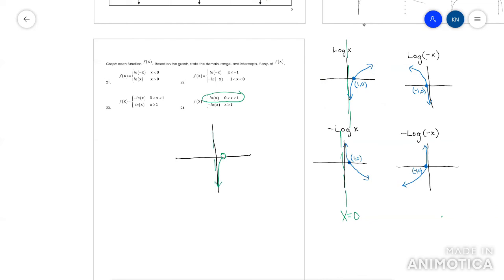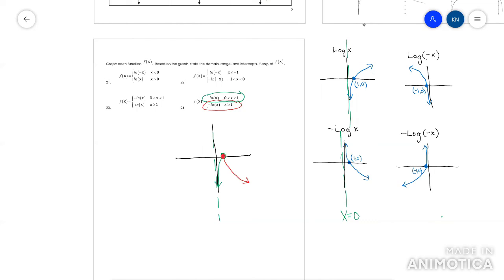And there's a vertical asymptote here. All right, now the second section, it takes a negative ln function. So this one right here. And it starts at 1. So it's really this section right here. So it looks like this. And it fills in the hole because it has the or equal to.